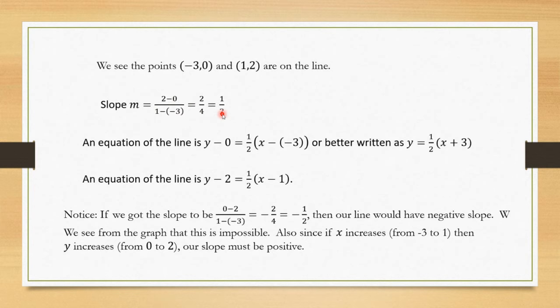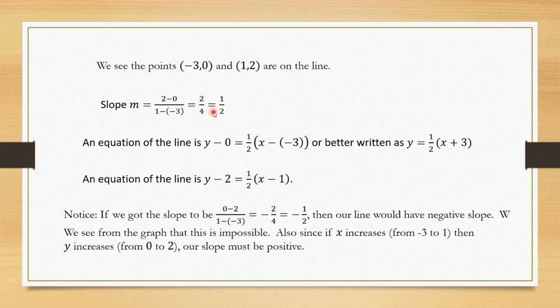If this is positive, that's what we want. If we subtracted in the wrong order for some reason, we would have a negative slope, and we would know something's wrong. That's what I'm saying down here: if we subtracted incorrectly, we get a negative, but that's impossible from the graph.